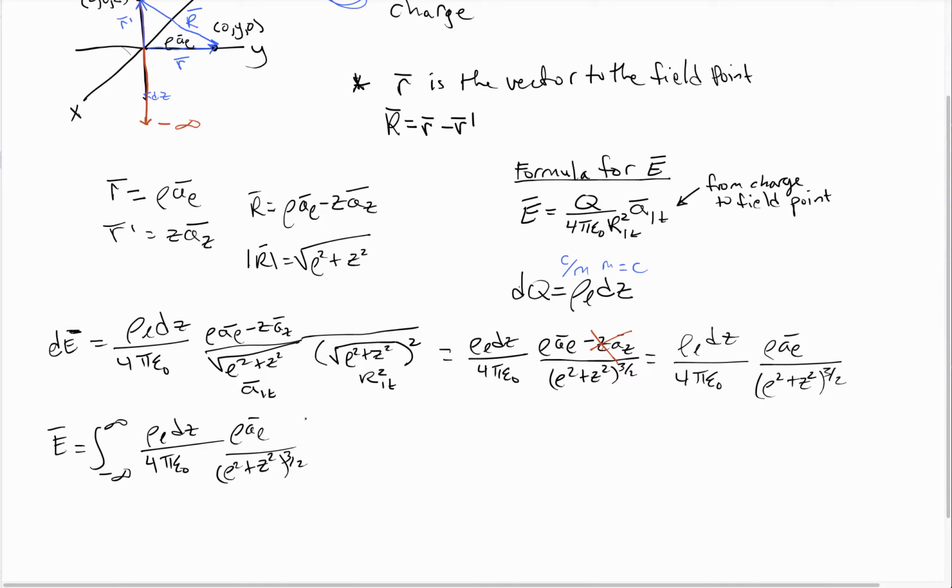And we're integrating with respect to z here. So what can we pull out? So this is going to equal rho L times rho over 4 pi epsilon 0, the integral from negative infinity to infinity of dz, we'll call this an a rho here, over rho squared plus z squared to the 3 divided by 2.